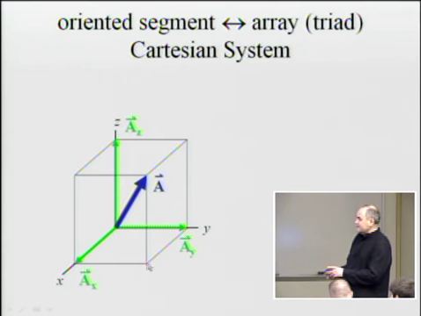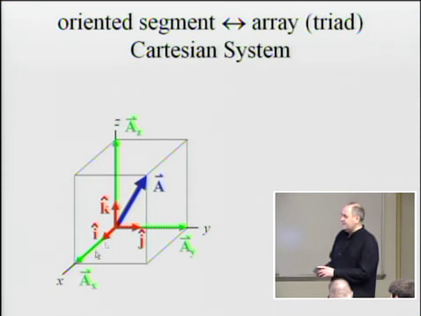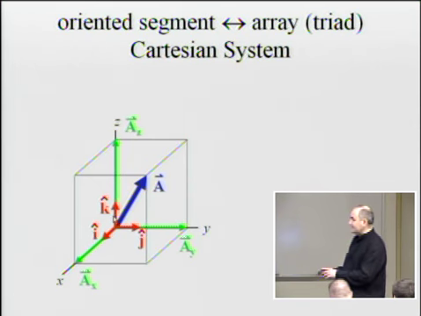And each of those vectors now is a product of a vector of unit length in this direction and a certain number. Now, what would be the number actually? Let's say that I think about vector AX. By what number should I multiply vector I in order to get vector AX?